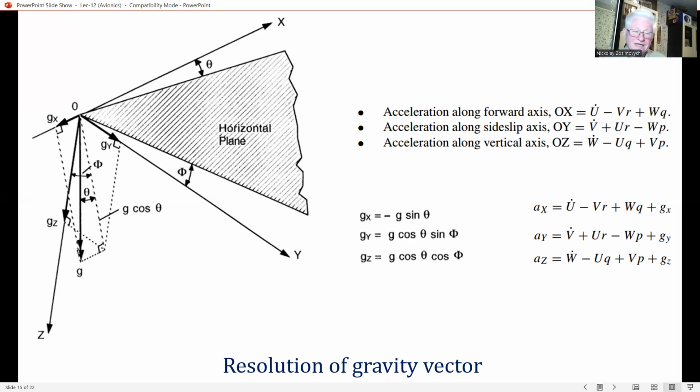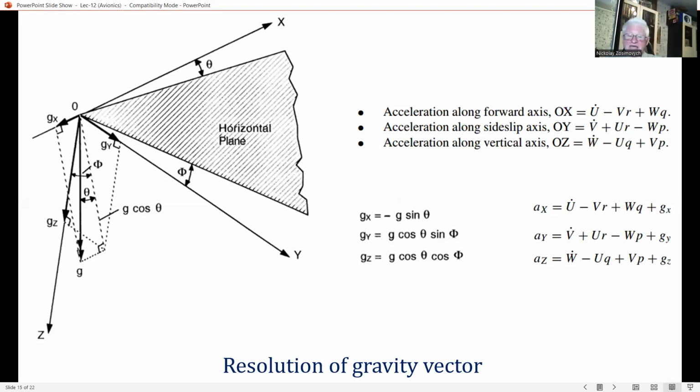So the air data derived forward velocity we denote here as U sub A, the side slip velocity V sub A, and the vertical velocity W sub A, computed from the air data system output with alpha and beta.